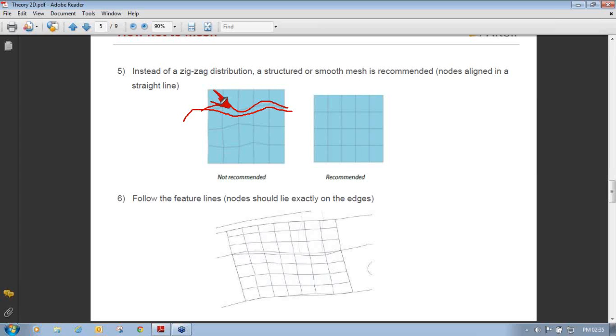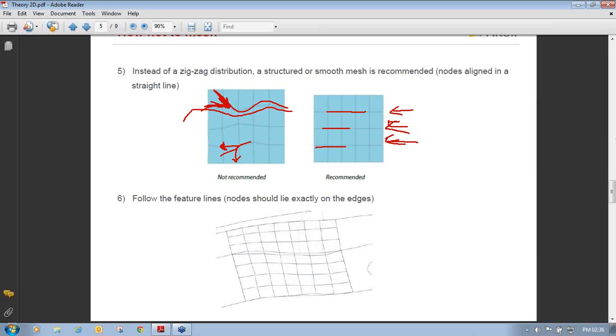Practically the force should transfer in a single location, but due to the zigzag motion of the meshing, the force will get distributed in these two locations. So to avoid these types of errors, you can generate a smooth mesh, that is a straight mesh, and then the force transformation will also be smooth or in a straight line.